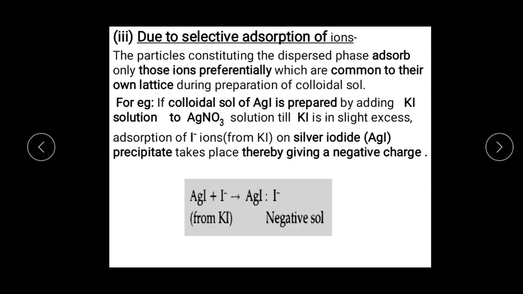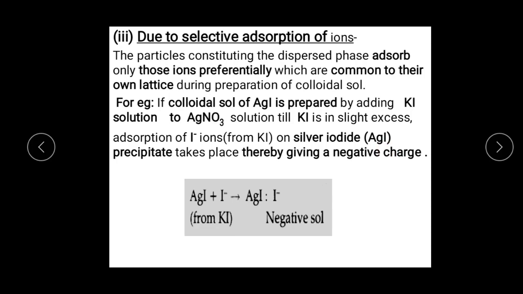We are adding KI solution to AgNO3 solution till KI is in slight excess. When this happens, adsorption of iodide ions from KI on the silver iodide precipitate takes place and we get a negatively charged sol. Remember the condition.